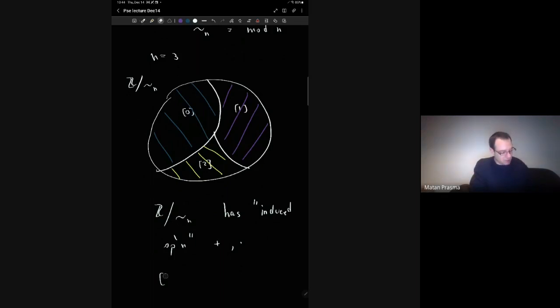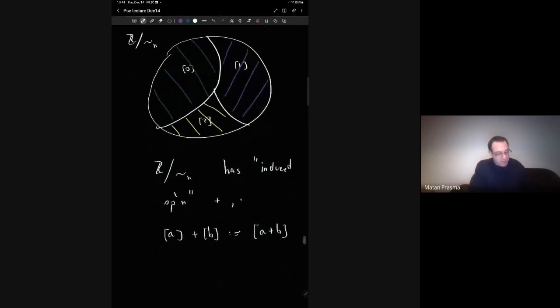Okay, 0 is trivial, but actually I could do it for any. I take A, the equivalence class of A. If I want to add to it the equivalence class of B, I simply take the equivalence class of A plus B, and that's the result. And if I want to multiply, I simply multiply the 2 representatives.